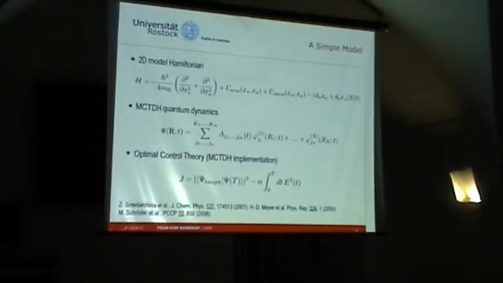Okay, so what we did now is some model simulation. We adopted a model Hamiltonian from some previous papers, and Madachina added the field and some asymmetry. So basically, it's two protons moving along a symmetric and an antisymmetric coordinate and being coupled linearly.